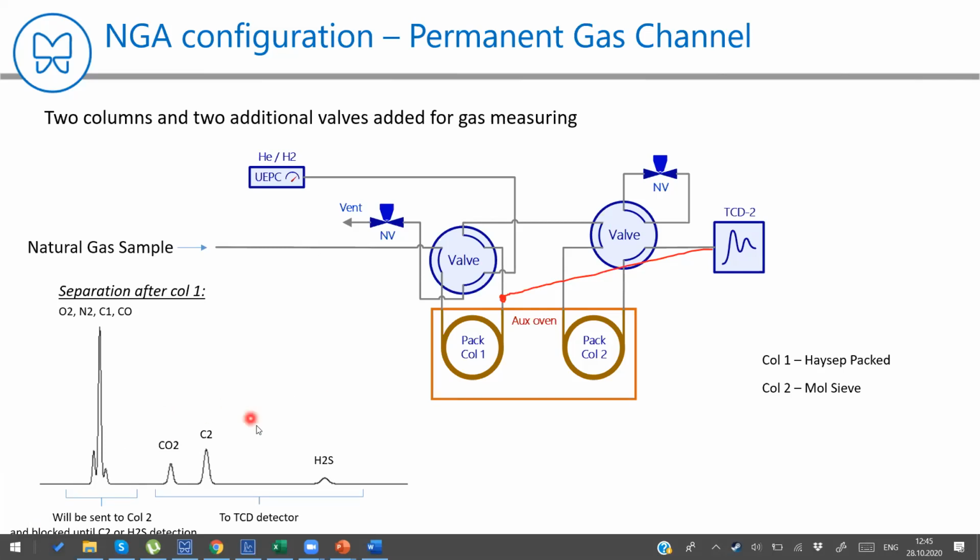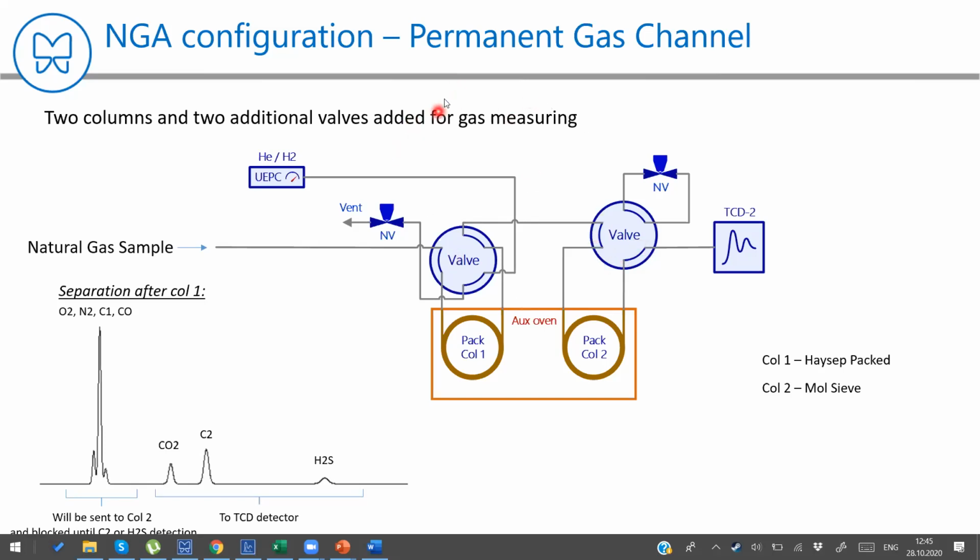So what we can do here, after passing of these compounds through the first column, they will go to the next column. And what we can do here, we can block them inside by switching this valve.